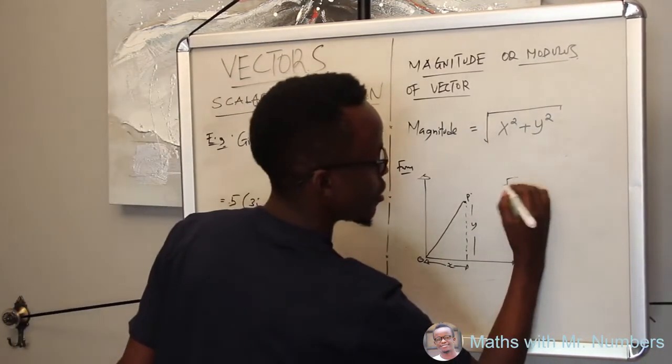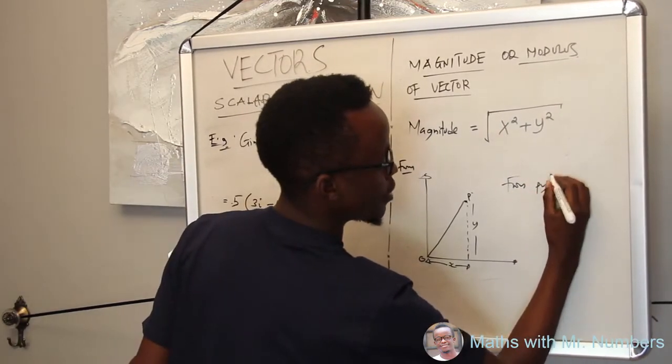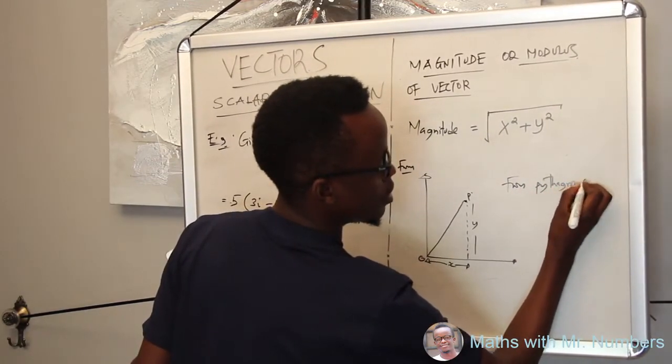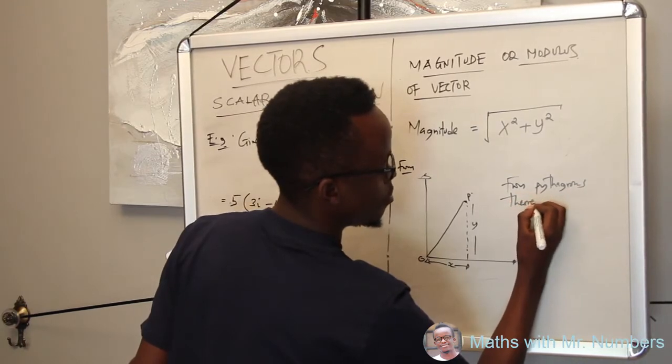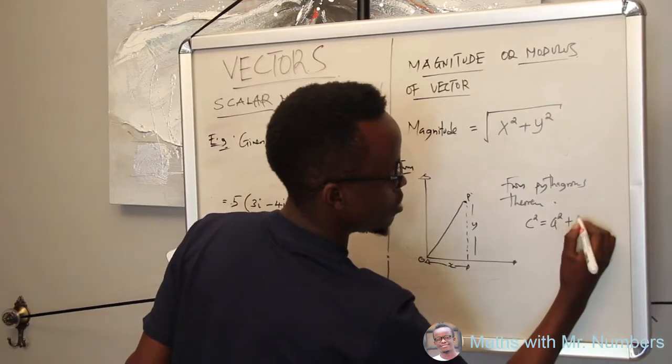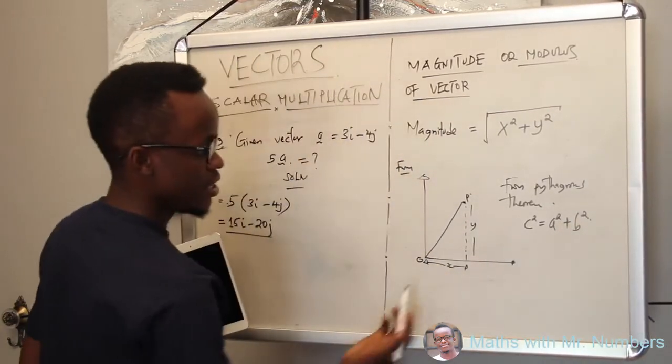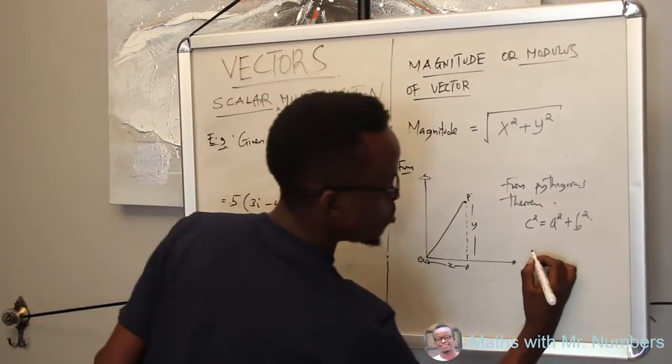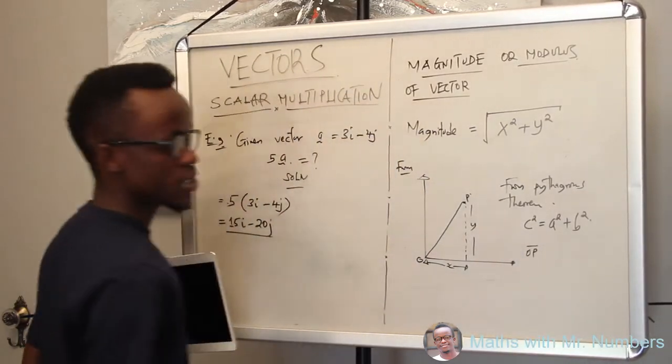Therefore, from the Pythagorean theorem, c square equals a square plus b square. The value of c is the distance OP.